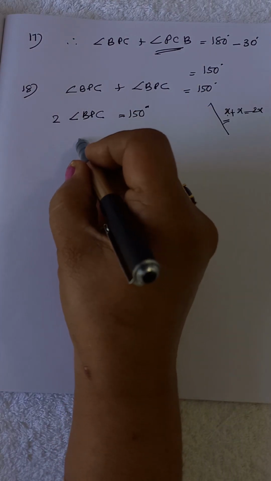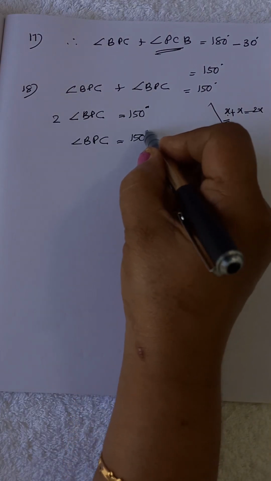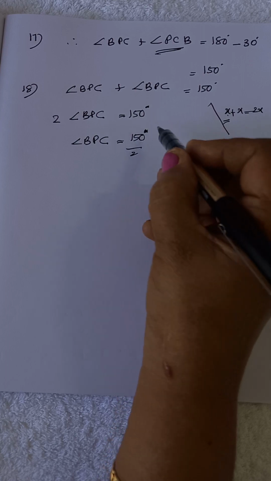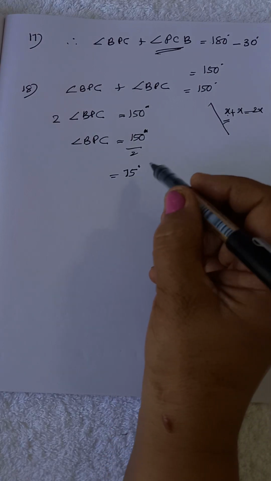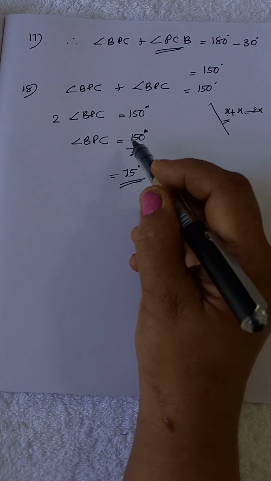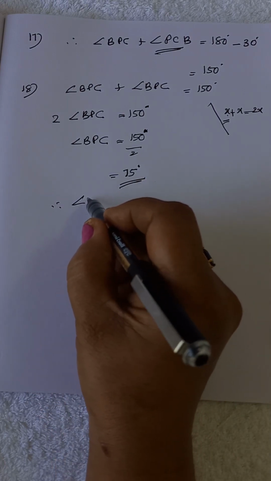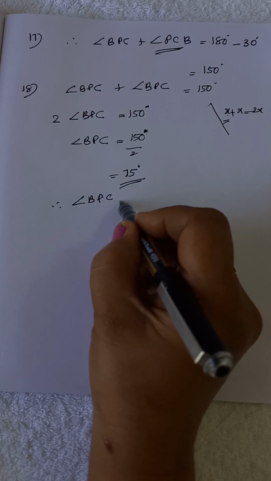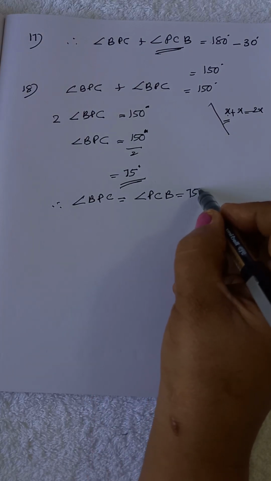So what is angle BPC? Angle BPC is 150 degree divided by 2. So that is equal to 75 degree. Again we know angle BPC is the same as angle PCB. So we can write, therefore, angle BPC is equal to angle PCB is equal to 75 degree.